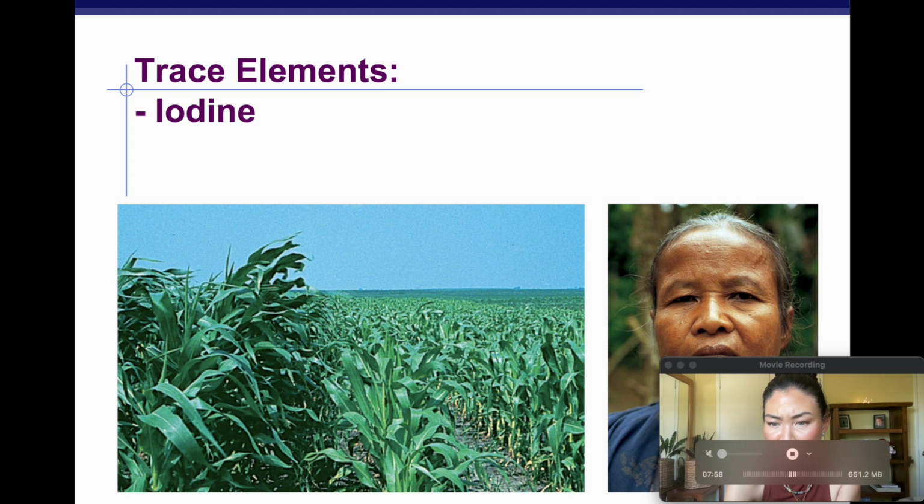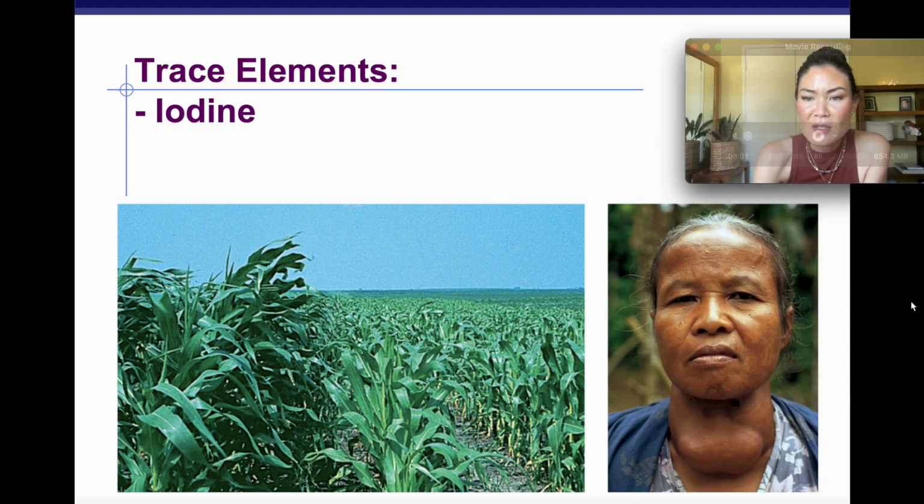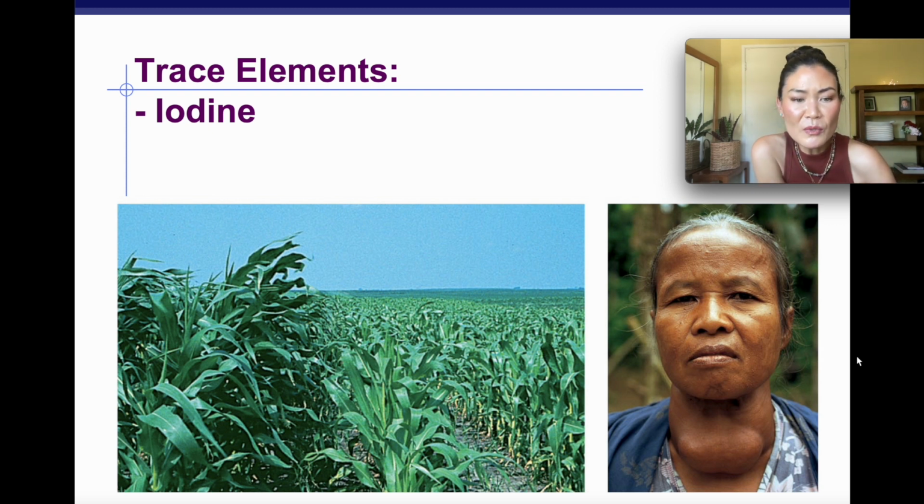Okay, let me just move my head out of the way so you can see this example of someone with a goiter. Okay, so someone with an iodine deficiency: your thyroid gland, which is found right over here, just below your neck, is responsible for producing the thyroxine hormones.